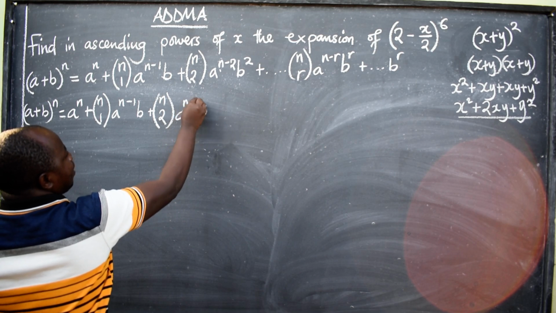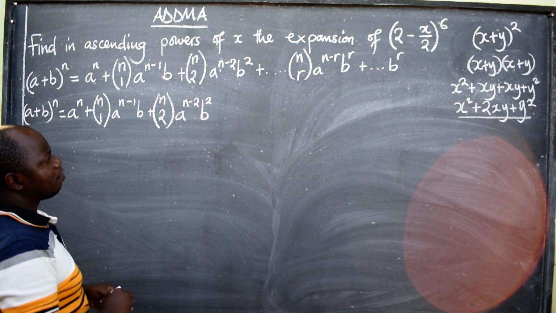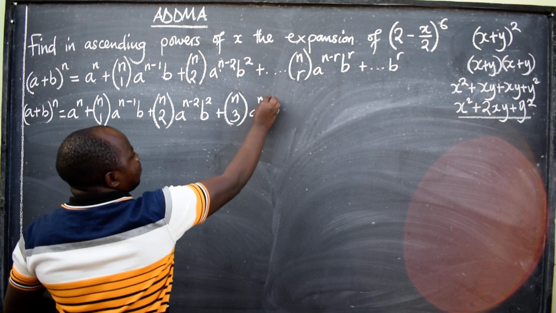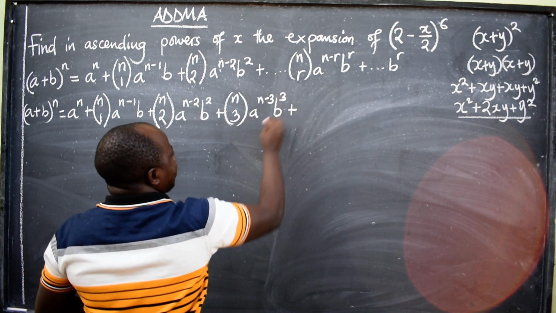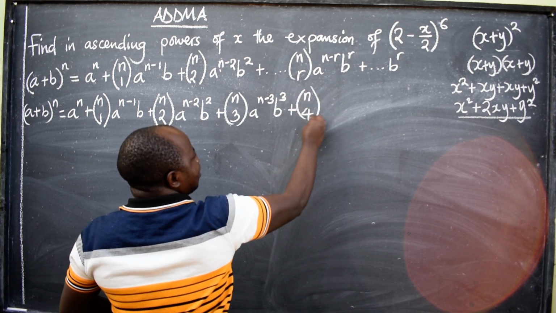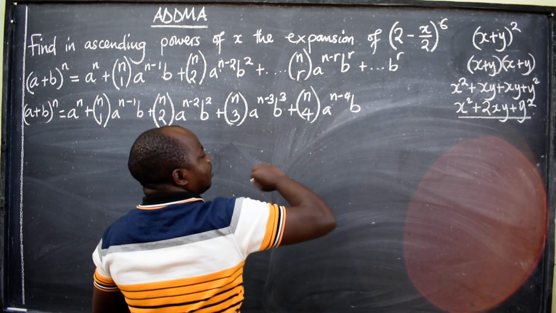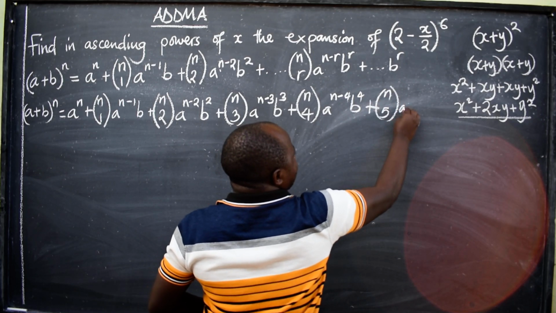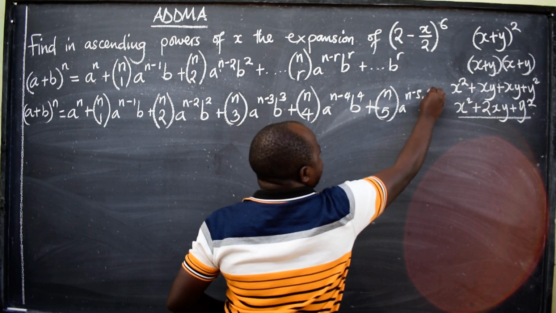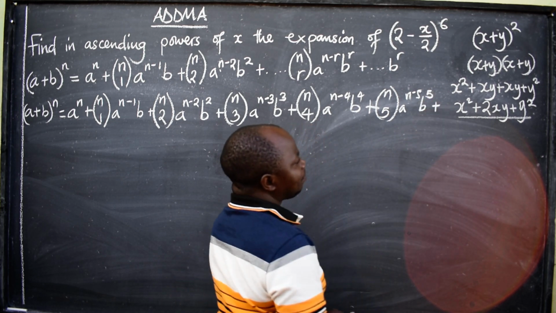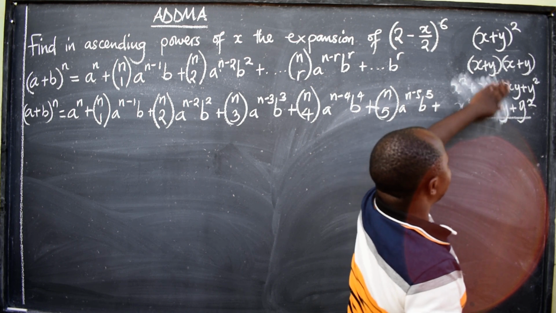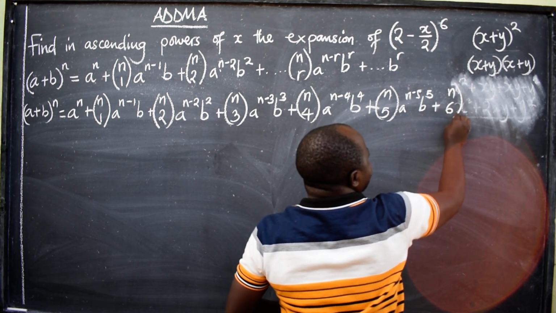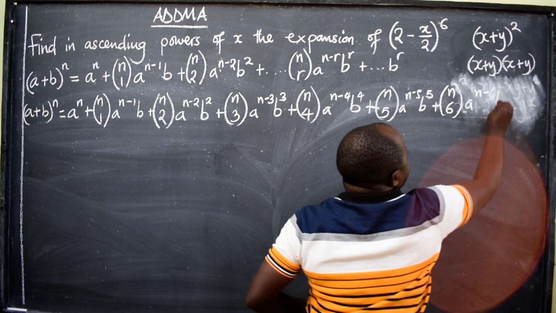Then a^(n-2) b squared, we move on, plus n choose 3, a^(n-3) b^3 plus n choose 4, a^(n-4) b^4 plus n choose 5, a^(n-5) b^5 plus the last term now will be n choose 6, a^(n-6) b^6.